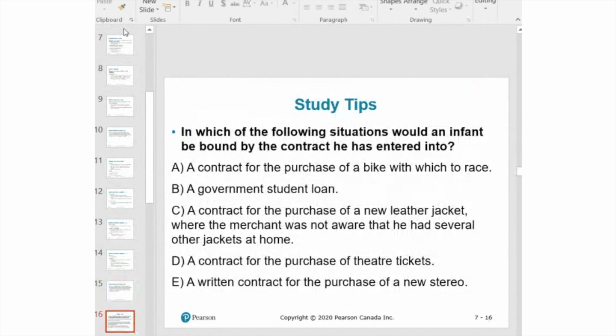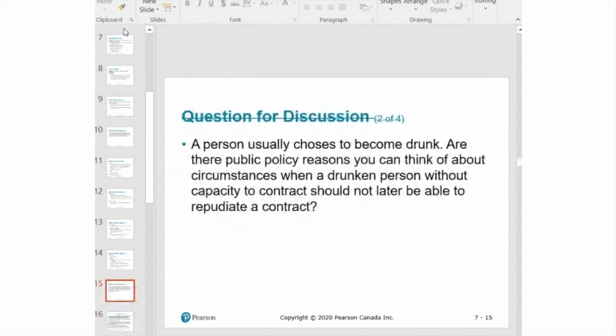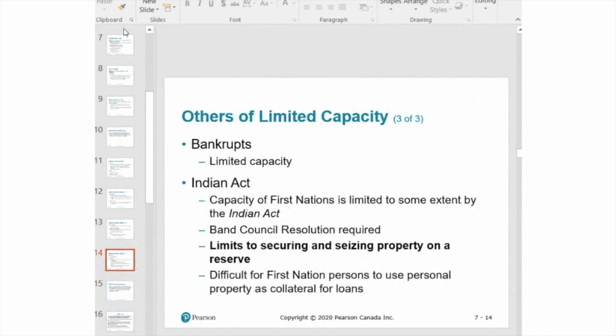So are we good with capacity? Mostly on land. No, there are more. So the question is, the Indian restriction is on land only? No, mostly on land, but there are other restrictions.